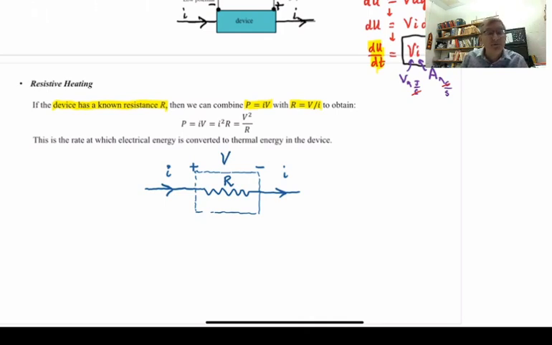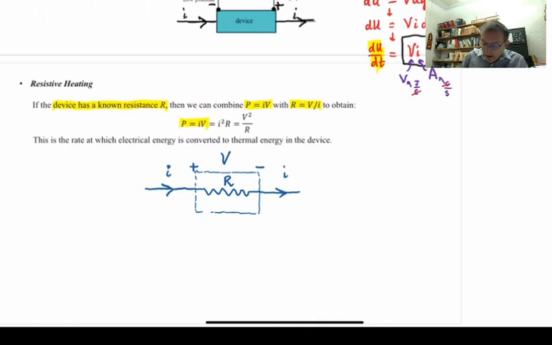And so we are transferring energy from the current into the resistor, into thermal energy of the resistor, at the rate P equals IV. And that's certainly true, right there.